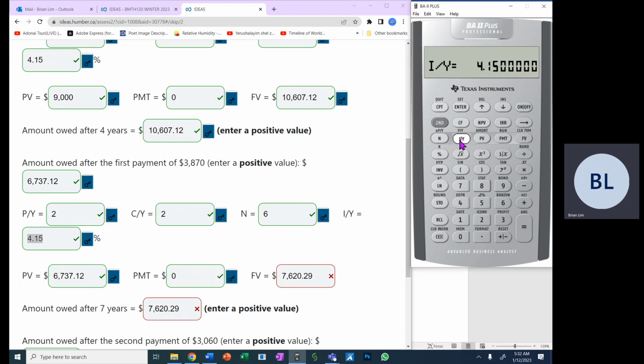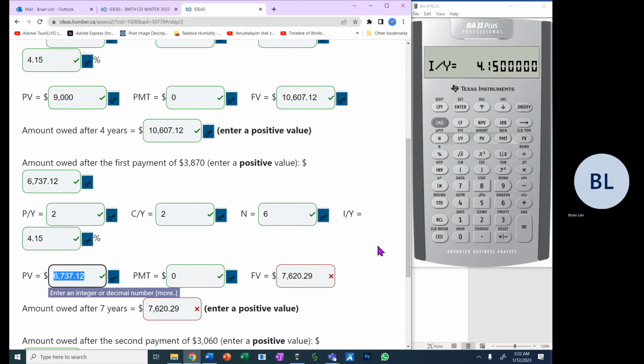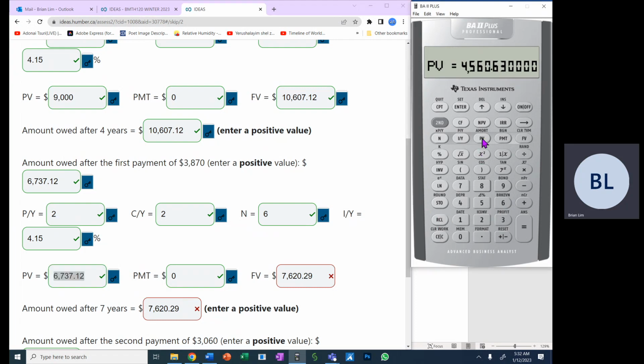We recall the IY, 4.15. The present value is 6, 7. So let's insert that. Why? Because that will no longer be the present value. So let's go 6, 7, 3, 7, decimal 12 or 0.12, and that is the present value, right?